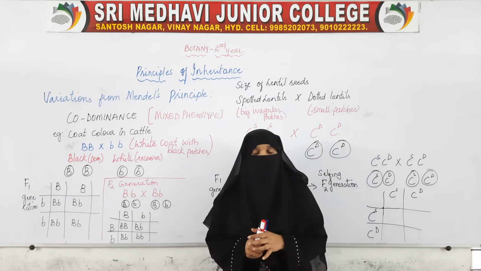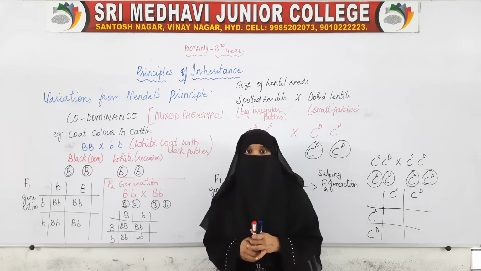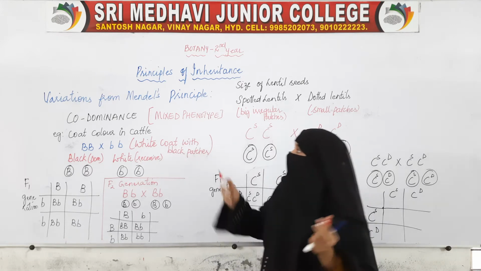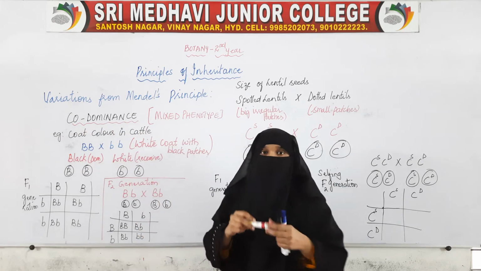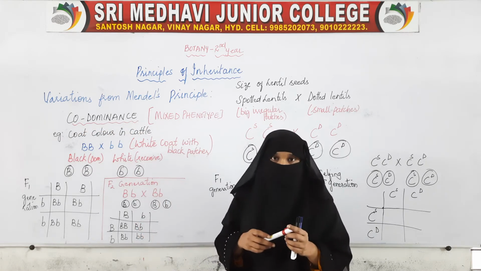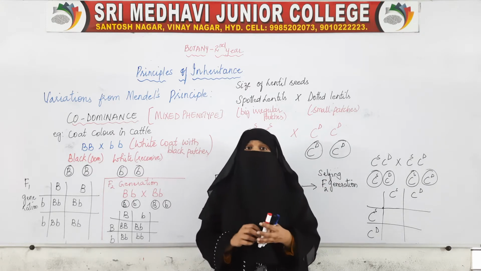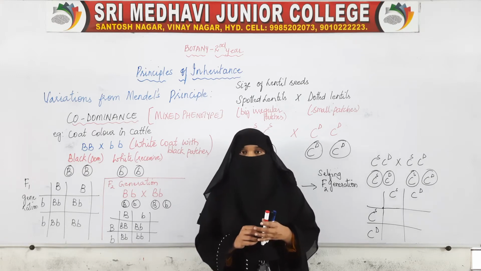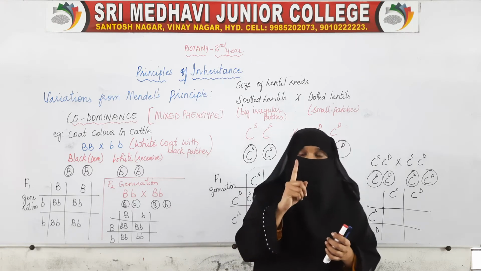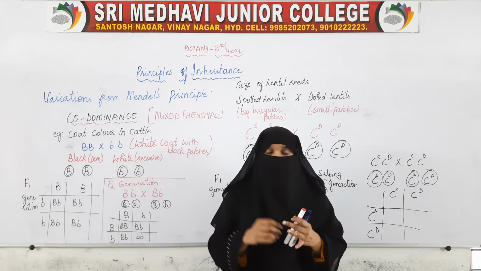Today we will see one more deviation from Mendel's principle, that is codominance. Co means together. Here both the characters show dominance. According to Mendel, only one character will dominate and the other will not.